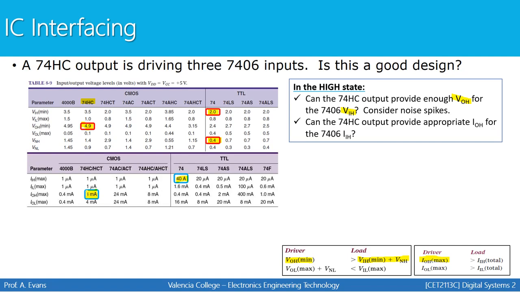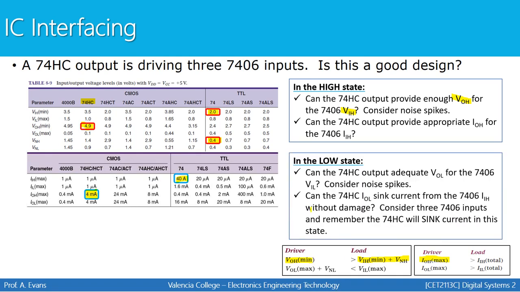But that's only half of the equation. We only considered the high state. Now we've got to go back and do the same thing for the low state. And we have two questions, once again. Can the 74HC output adequate low-level output voltage for the 7406 low-level input voltage, considering noise spikes?